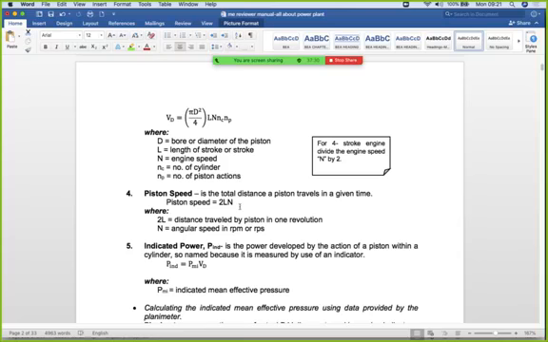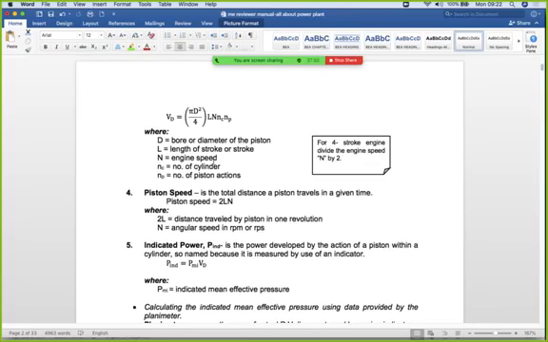But if it fails, try again to eliminate the choices that do not match. So try your best to come out with the answer. For a four-stroke engine, divide the engine speed by 2.